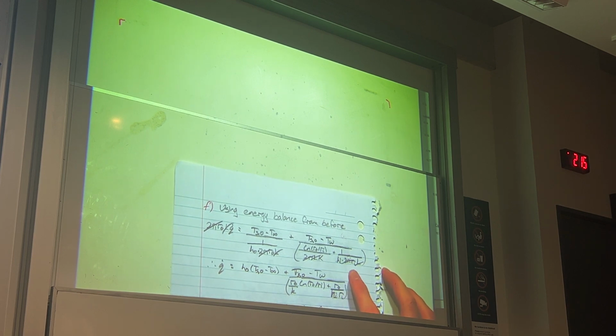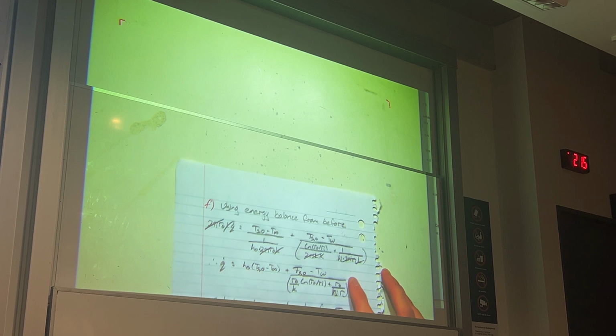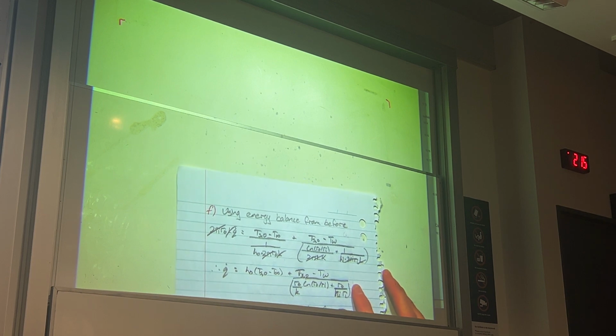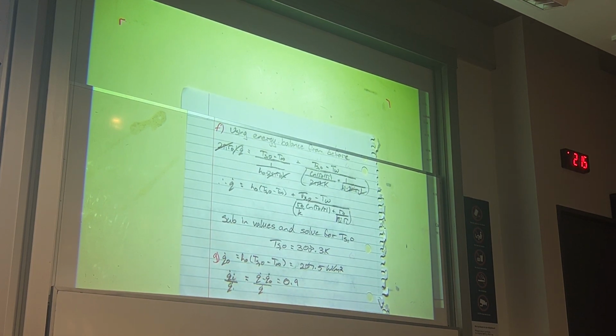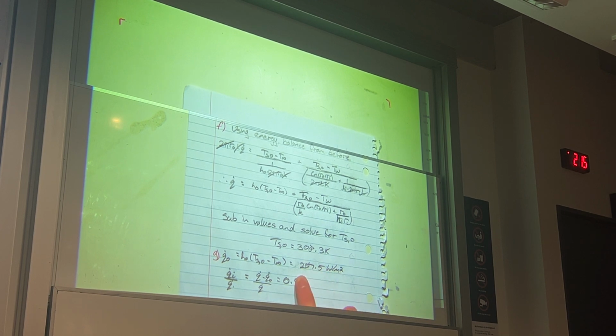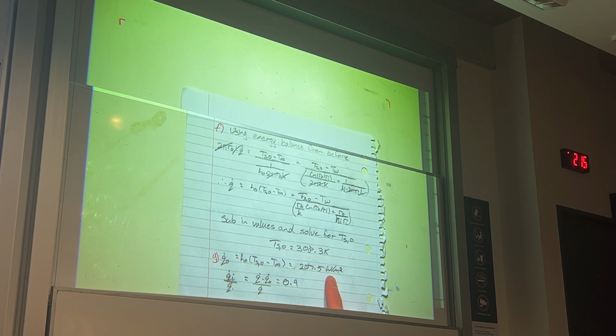So what they've done is the energy balance to find the heat flux out, which is just our energy balance using convection from the outer surface to the surroundings, which comes out to be 207.5.